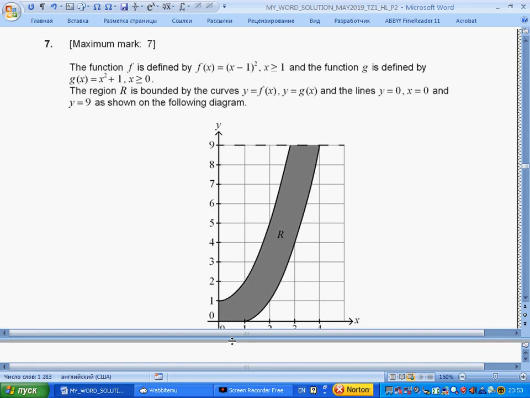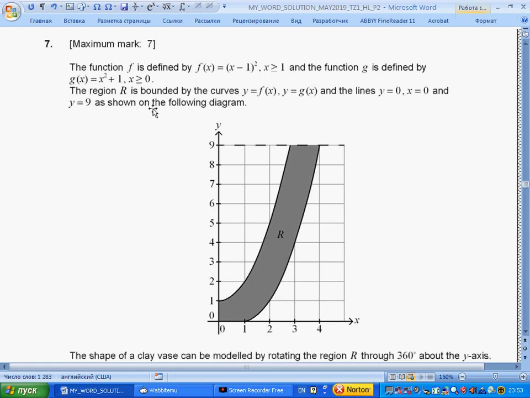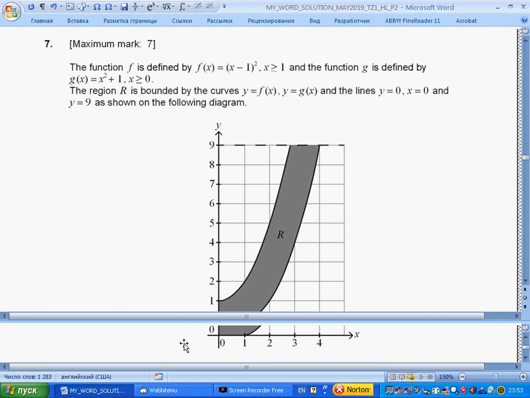Here we have a graph. We have two functions, f(x) and g(x). The region R is bounded by the curves and the lines y equals 0, x equals 0 and y equals 9.